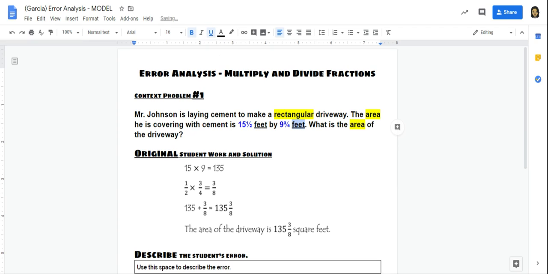So I know I'm talking about feet, so in my answer, I should have the unit feet. The area that he is covering with cement is 15 and a half feet by 9 3/4 feet. I know that the word by is also a bit of a cheat code, again talking about area. And so when I see by, I know I'm going to be multiplying.